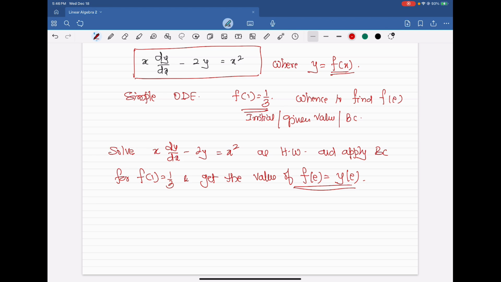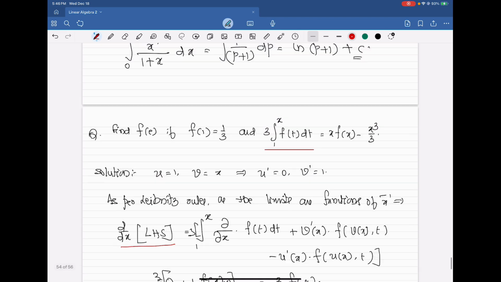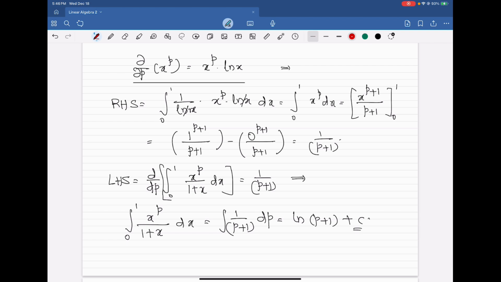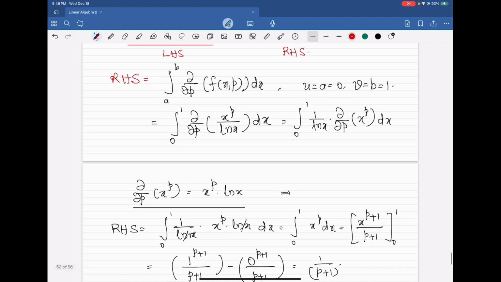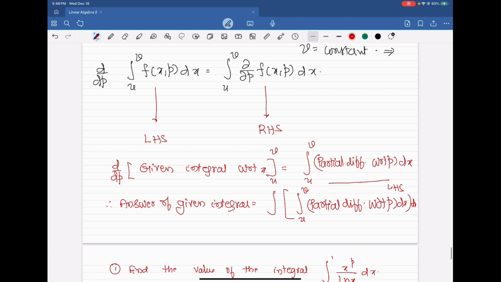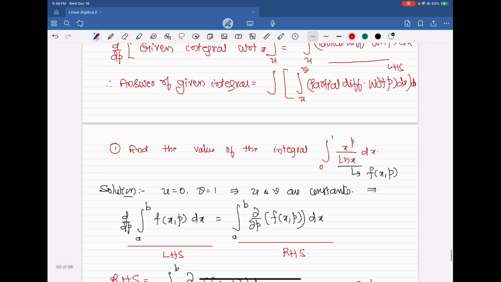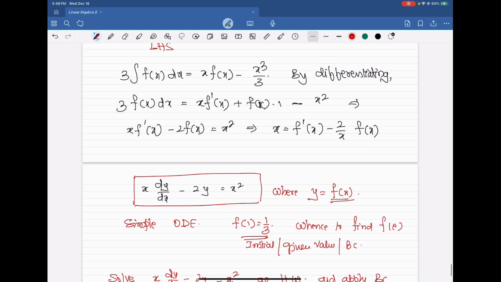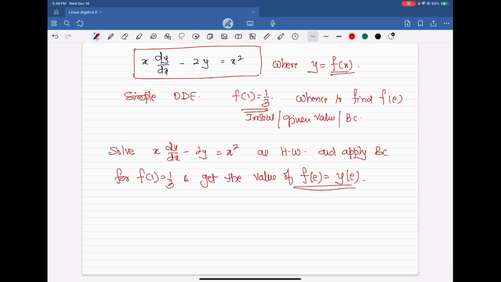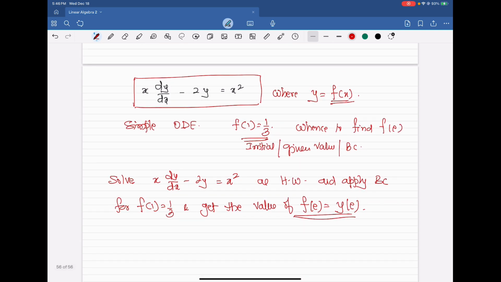One is the general rule, second is where both the limits are constants, and third, a simple formula where we can directly use partial differentiation and get the answer of the integral. This is how we use Leibniz rule for solving improper definite integrals. It's a very simple one.